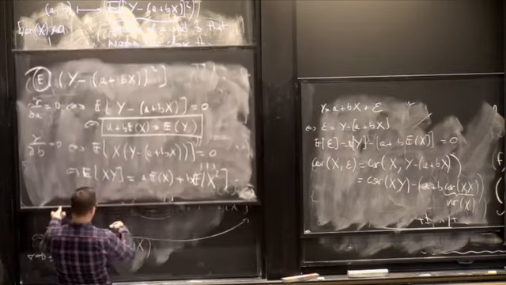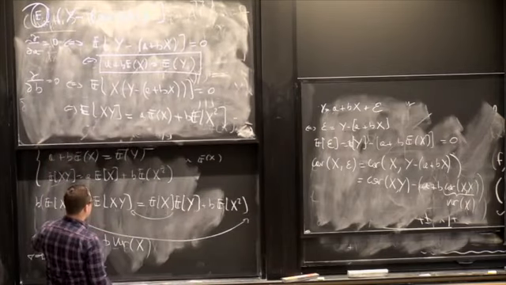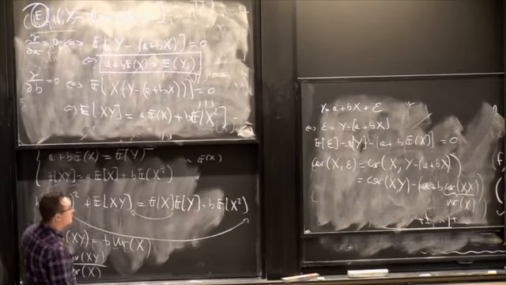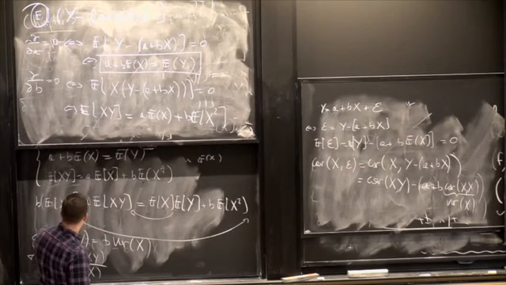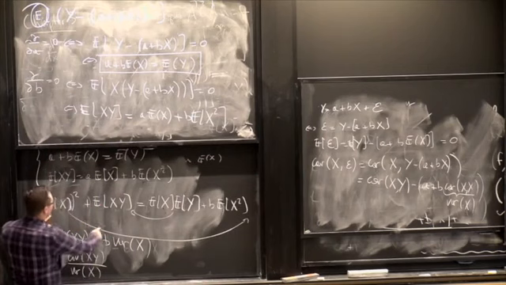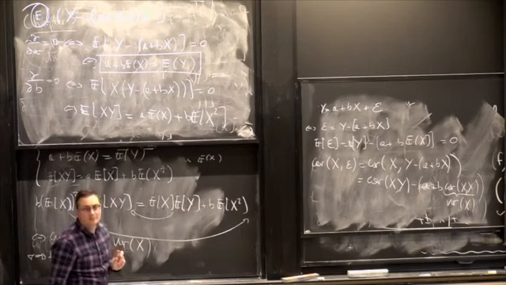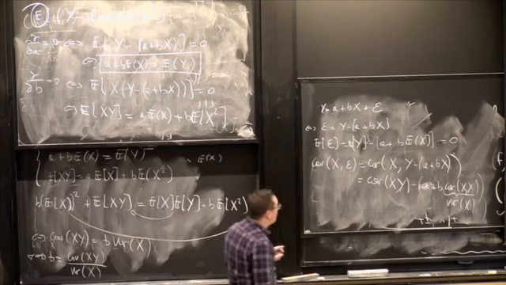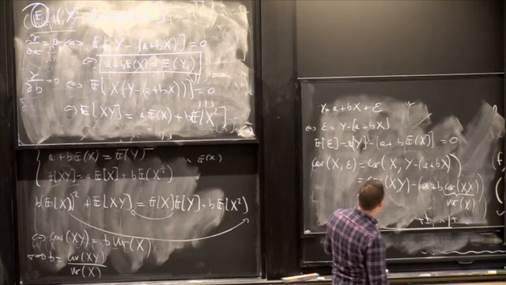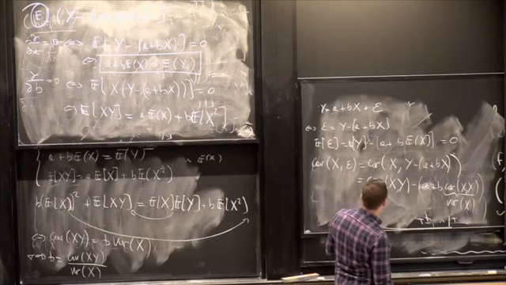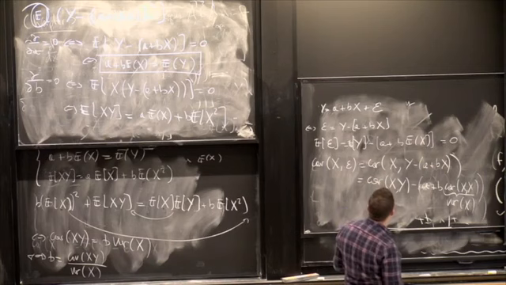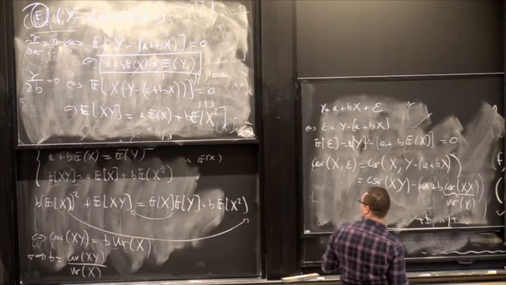So here I have the covariance of xy is equal to b variance of x, right? Covariance of xy.